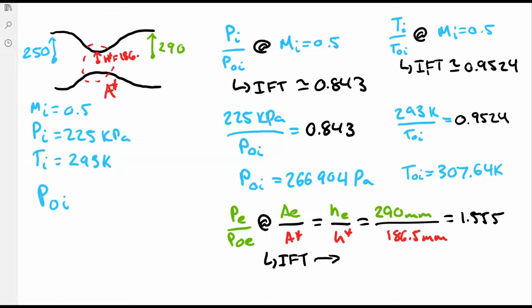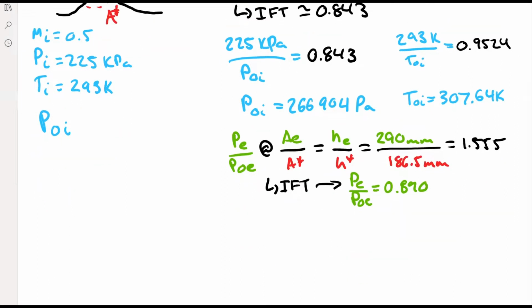we get our pressure ratio, P exit over P total exit, to be equal to 0.890.